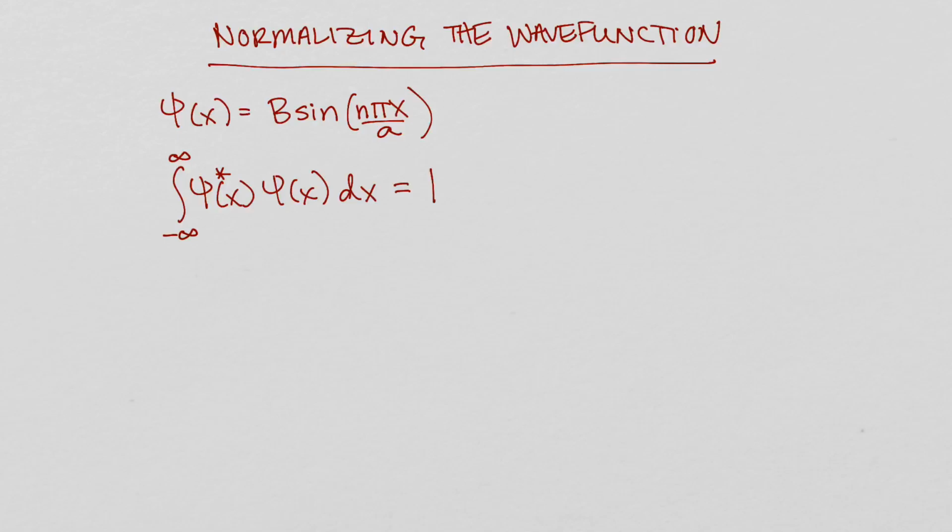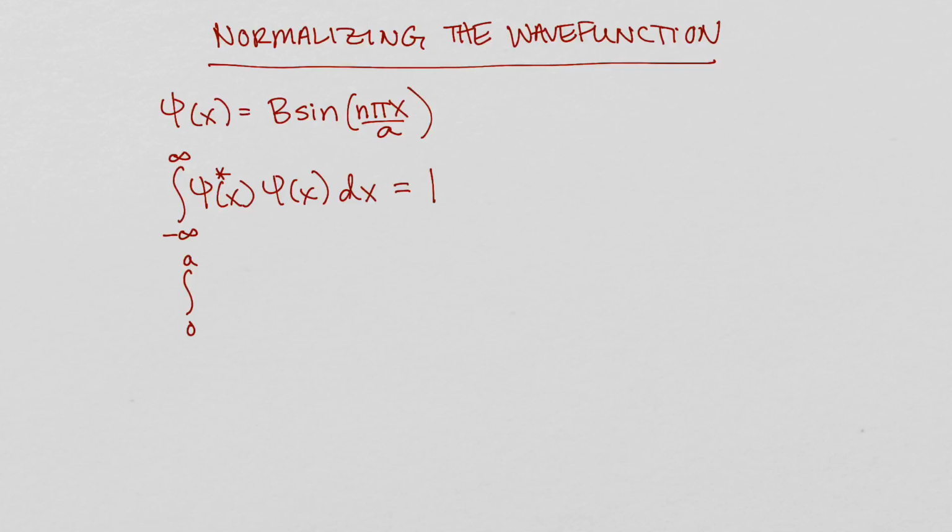Okay, so let's set up our normalization condition for the particle in a box. Again, our bounds go from 0 to a for our box, and then we're going to plug in our wave function. So psi star for us is just going to be our regular old wave function because our particle in a box wave functions are not complex.